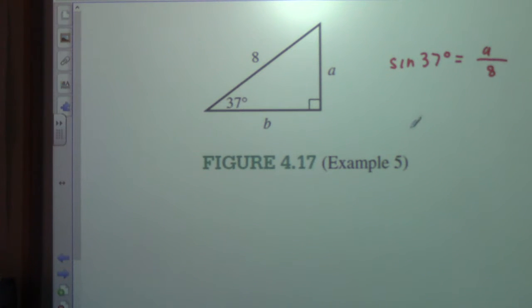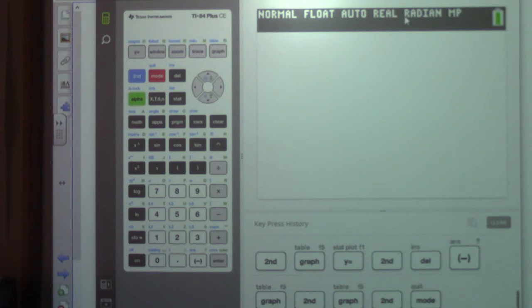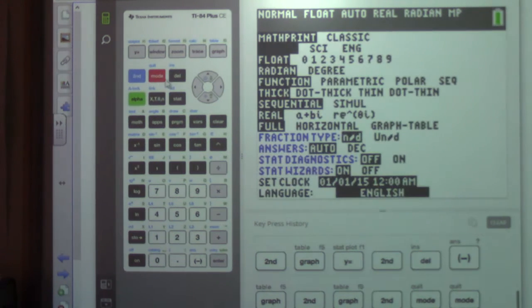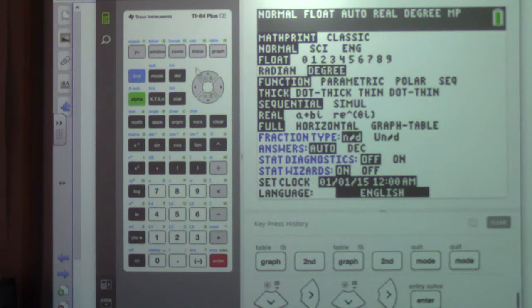Well, he asked, what if you want cosecant? You want sine 37, we know what that is. We can put that in the calculator if our calculator is in degrees. We're not in degrees, so we change this into degrees. Now we're in degrees.